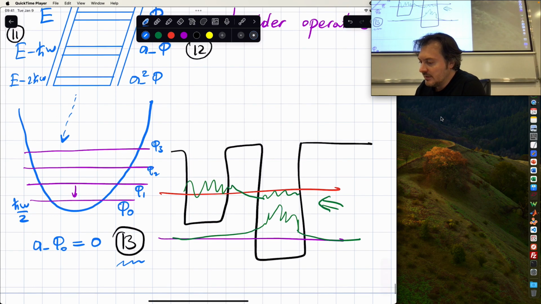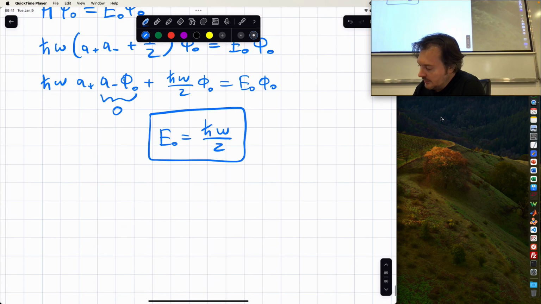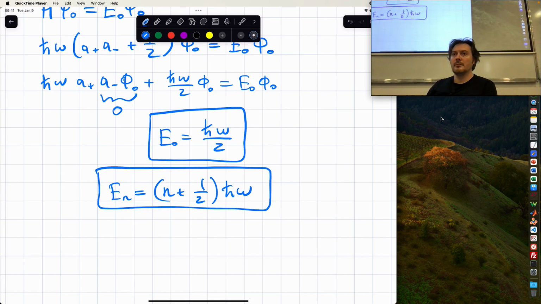And we have seen that every time you go up, you go up by H bar omega. So this tells you that E of n is going to be (n plus 1/2) H bar omega. That's what I promised you. This is where we circle back to how it started, with harmonic oscillators not being able to have any energy they want.